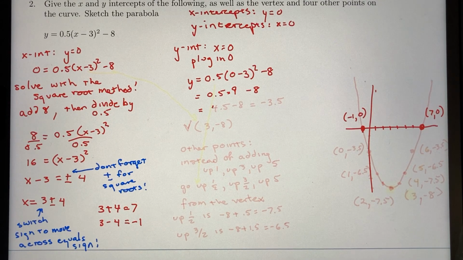Half of 9. And 4.5 minus 8 is negative 3.5. So the y-intercept is down at negative 3.5. This time it's the x-coordinate that's 0. Okay. Vertex.